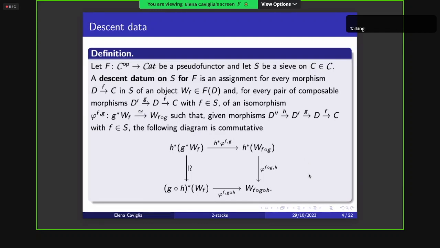And we will need later to remember this notion of descent datum because we will see it in different flavors.